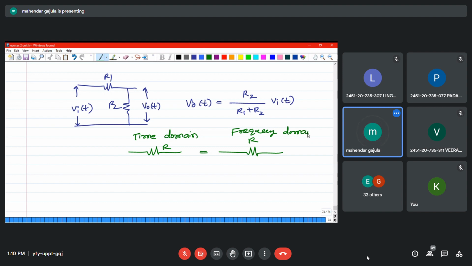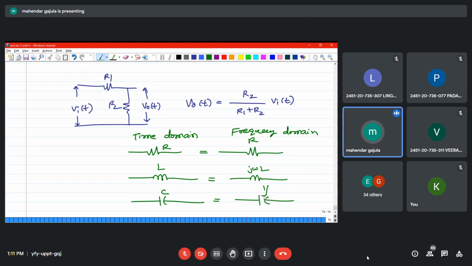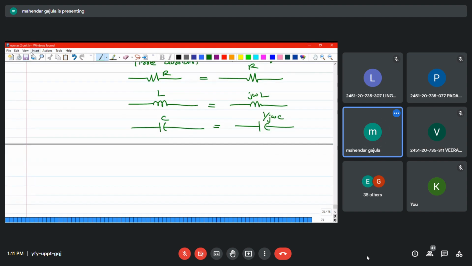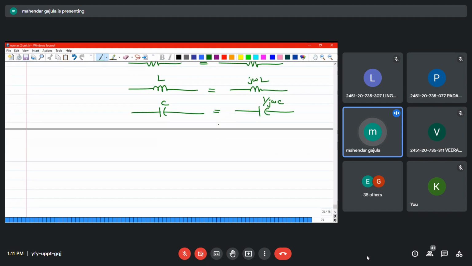Inductor is equivalent to j omega L, and capacitor is equivalent to 1 by j omega C. Now let's go back to our circuit.